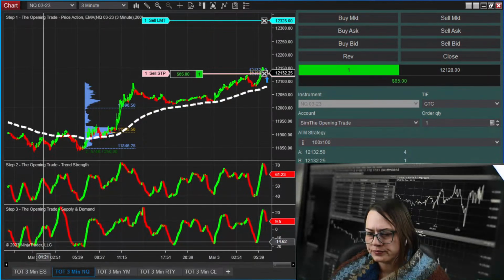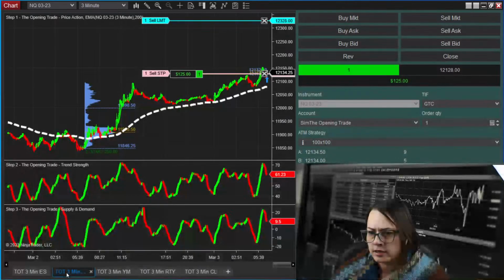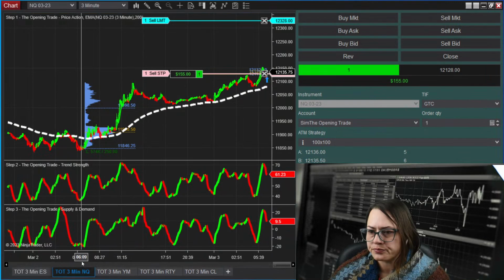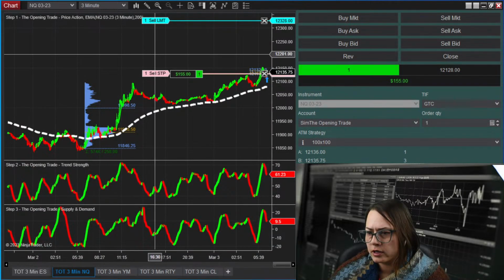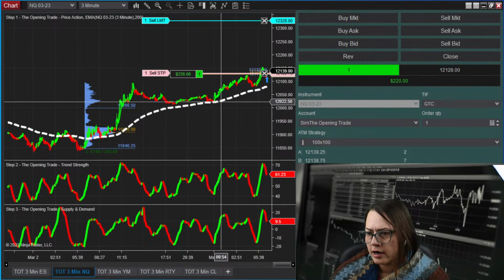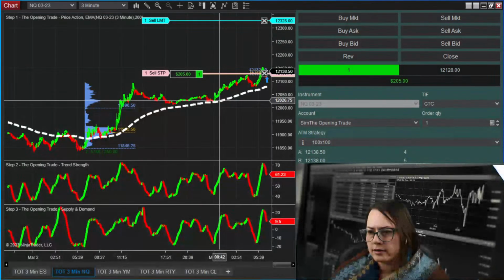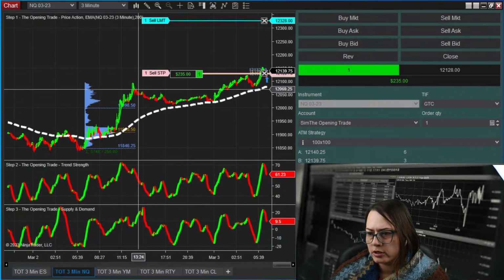Now let's take a look at the other one because I want to do the same thing. Oh, good. We got some room to breathe on that guy for a second. So back to this one here we're looking at. So I'm going to move it up a few points. I'm basically staying like 7-ish points behind the market, or trying to.